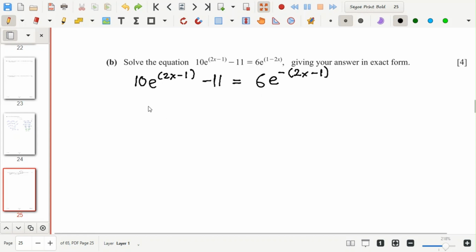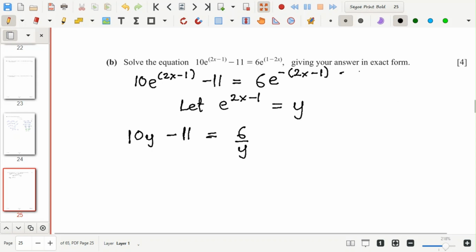So I let e to the power 2x minus 1 be a letter. Let's say y. So this is 10y minus 11 is equal to 6 over y.